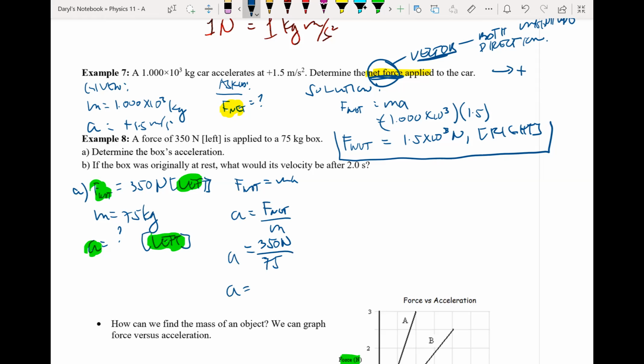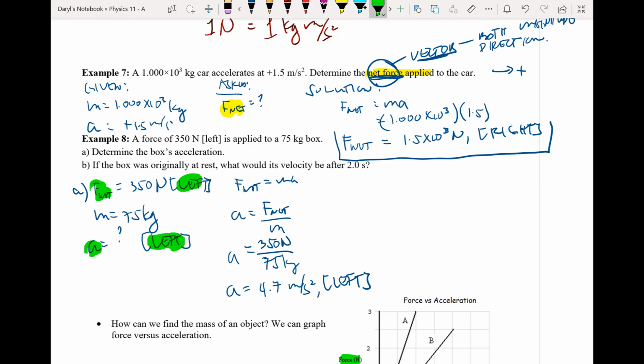So A would be, so this is now the magnitude, and automatically, since I'm using the standard units, mass is in kilograms and the net force is in Newtons, so automatically the acceleration is also in meters per second squared. So this would be 4.7 meters per second squared.